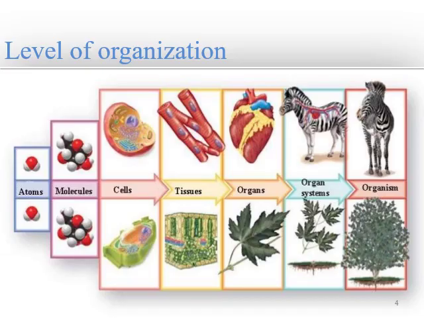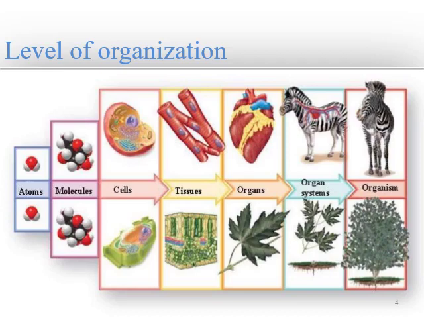Here we have the level of organization. Before we study the parenchyma, we should know about this level of organization. The smallest unit of life is the cell, that is made up of atoms, and atoms combine to molecules, and molecules combine to form cells.